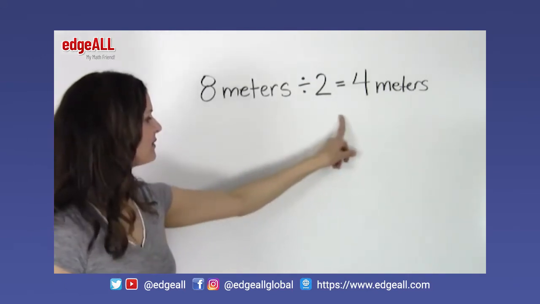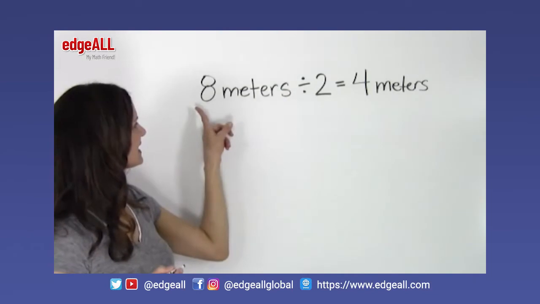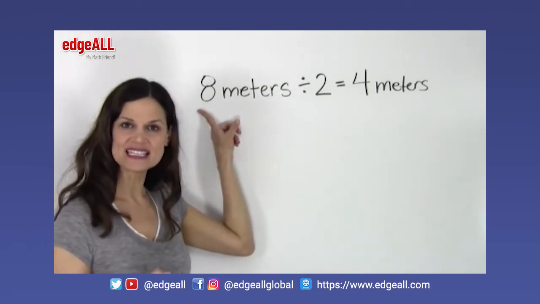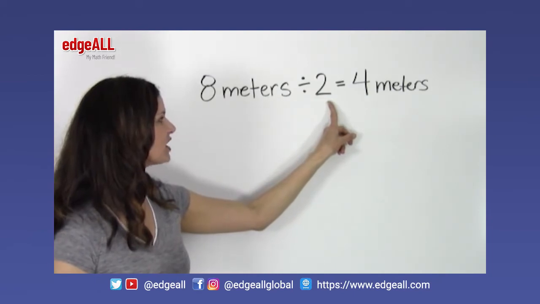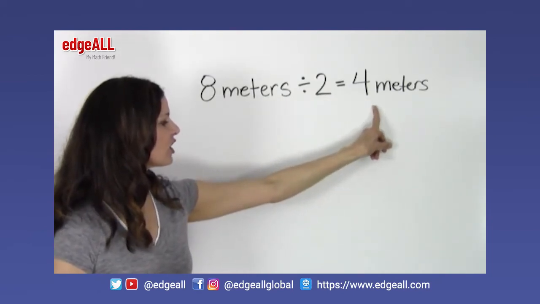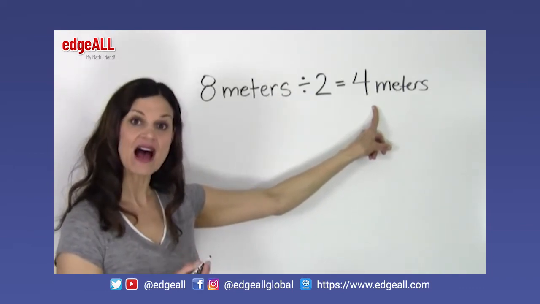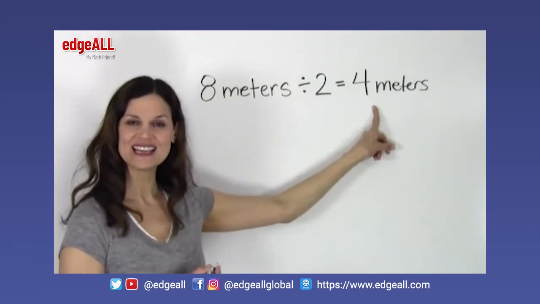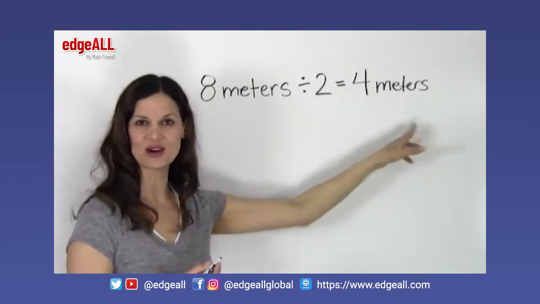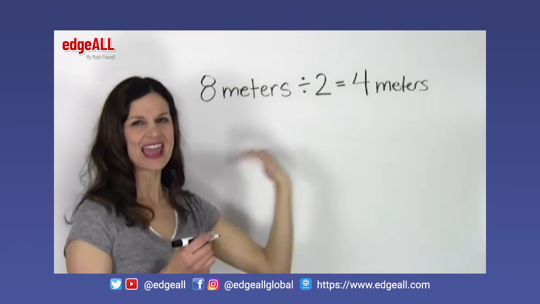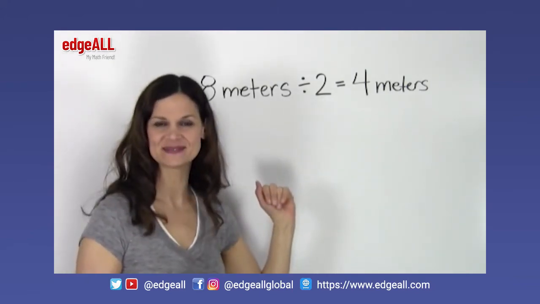So in a problem like this, 8 meters divided by 2, we are basically dividing a measurement of 8 meters into 2 equal parts. And the result, or our quotient, gives then the size of the divided parts, which in this case we would have 2 4-meter pieces if we took 8 meters and divided into 2 equal parts.